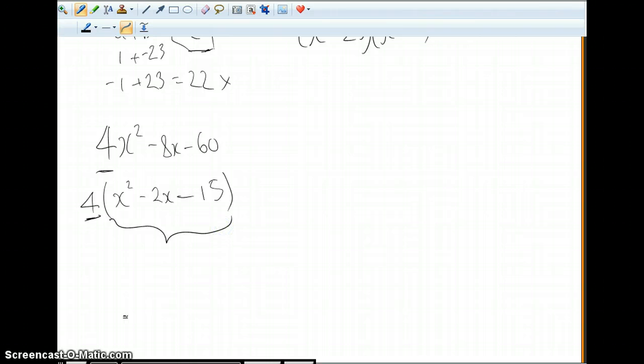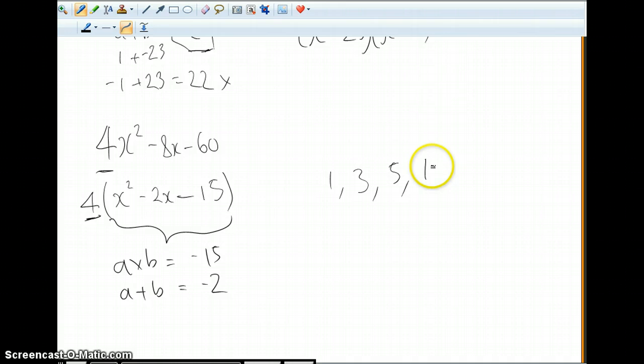Then we're going to factorize this, looking for, remember, a times b has to equal minus 15 and a plus b has to equal minus 2. Factors of 15, 1, 3, 5, 15. You get good at this with practice, the pair with a difference of 2 is 3 and 5.